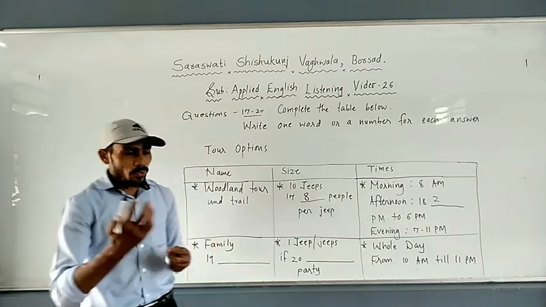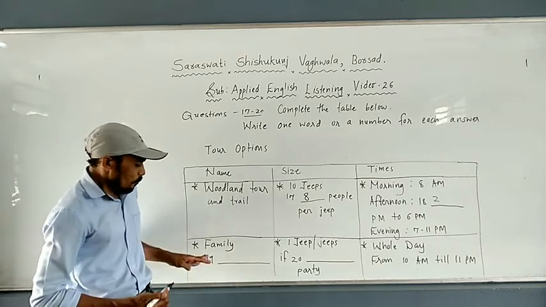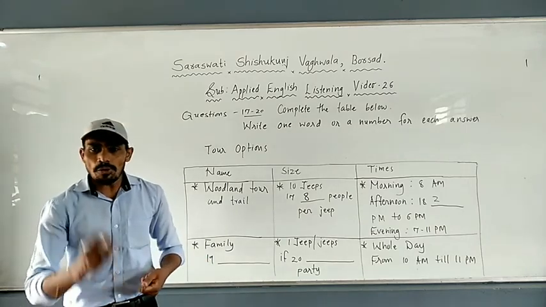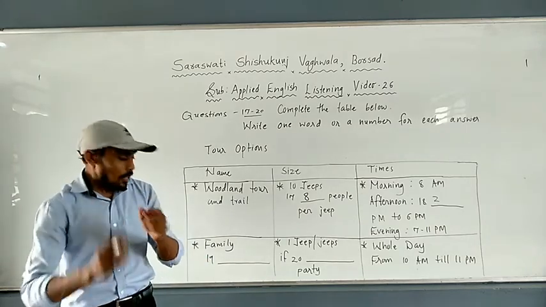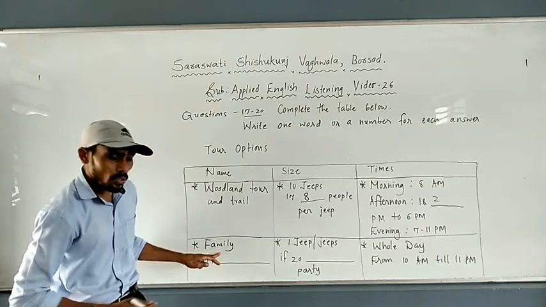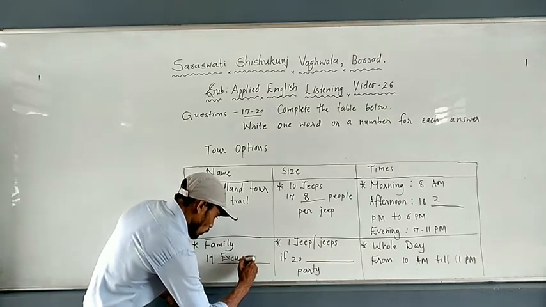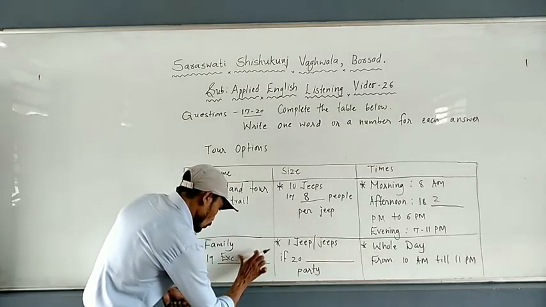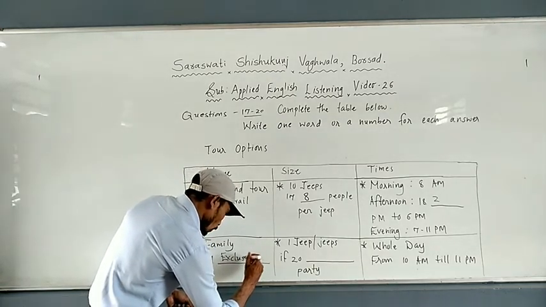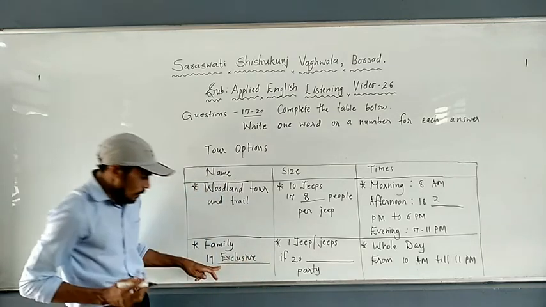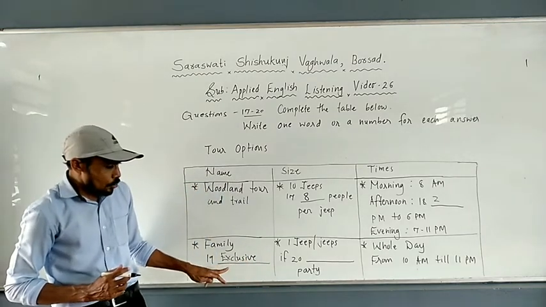The second tour that we have is family exclusive. If you are listening very attentively, students, you can hear the second tour, that is family exclusive. So I write here: exclusive. What is the right answer? The right answer is family exclusive.